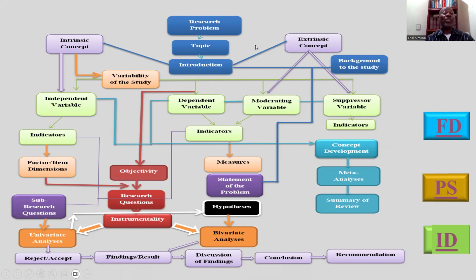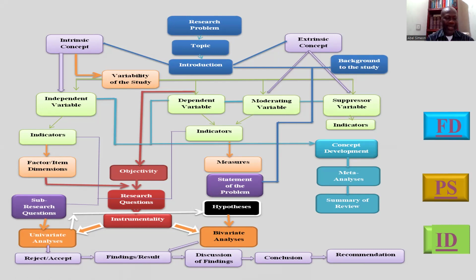We also say, the scope of the study. Is it a geographical scope? Is it a content scope? What is the content scope? What is the unit scope? All these I've mentioned are under the general introduction. But that's not what I'm talking about. I'm talking about the introduction core as it is.